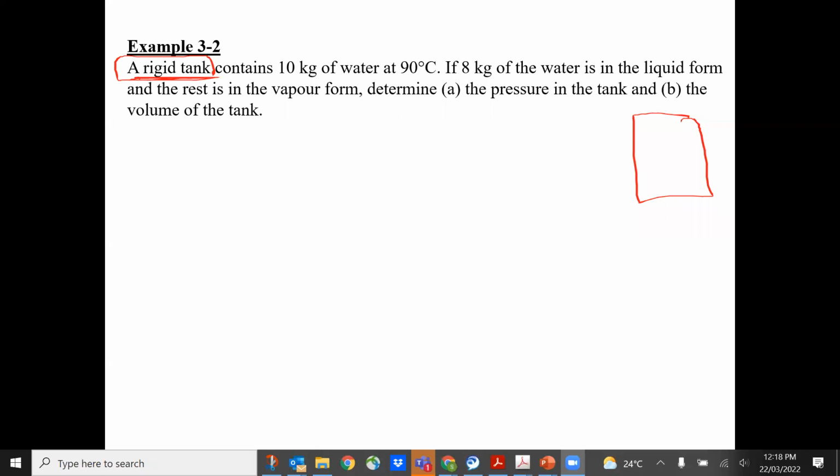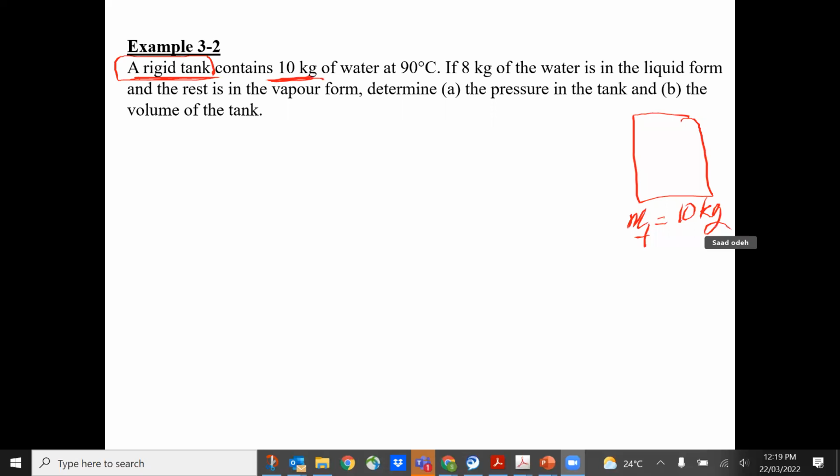This is the first thing that you find from the example itself. And the tank contains 10 kilogram of water. We also know that the total amount of water, m total, is 10 kilogram.